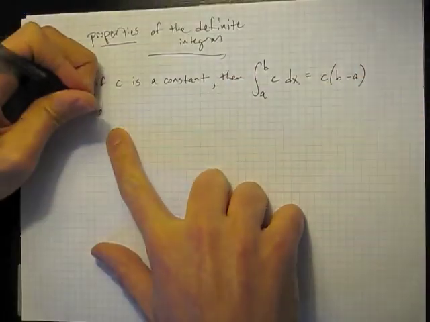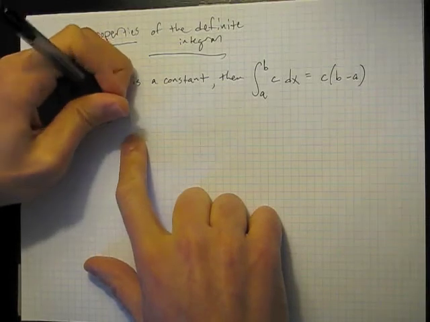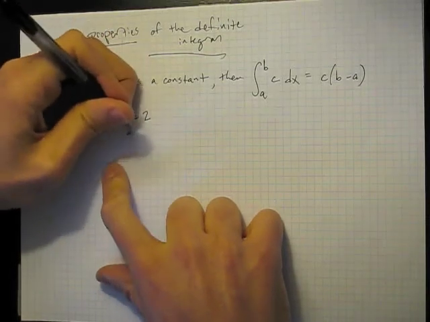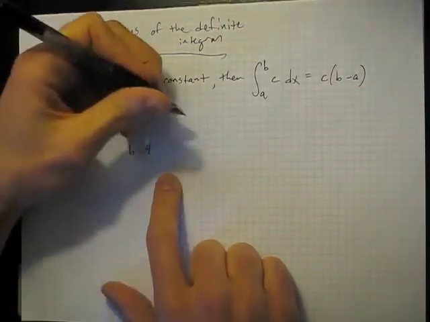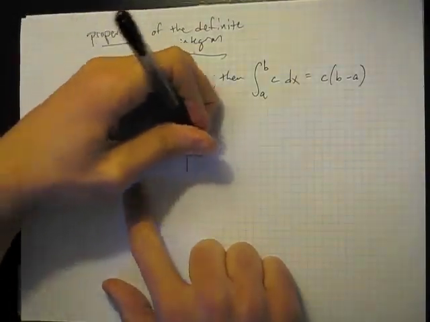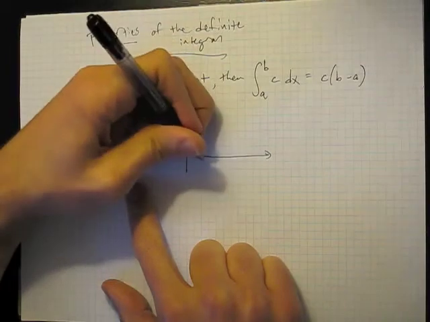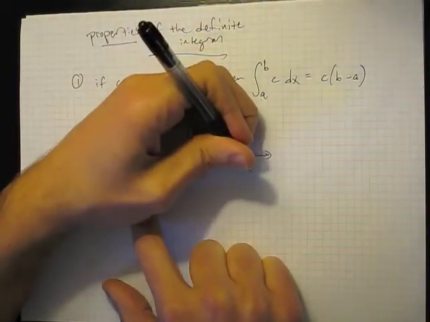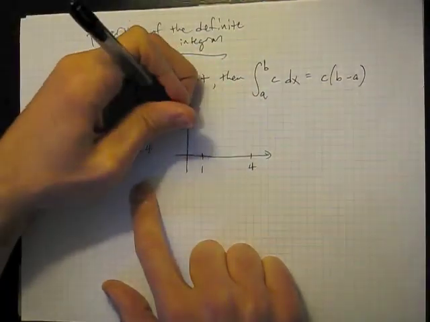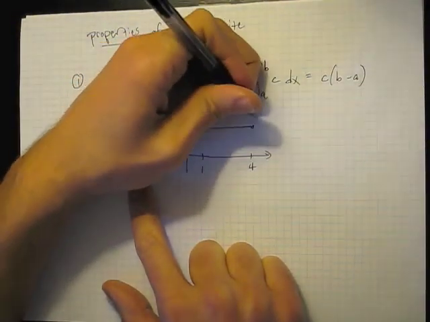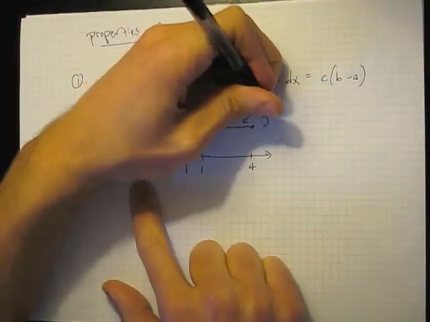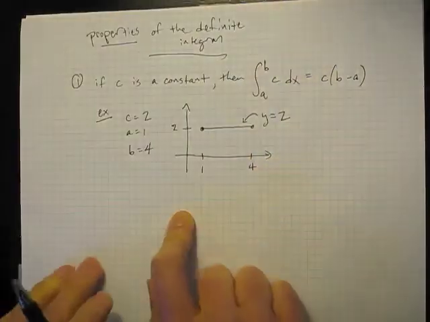Okay, let's see this with an example. So suppose that c is equal to 2, a is equal to 1, and b is equal to 4. So what is this integral? Here's a is 1, b is 4, and the constant is 2. So this is what the graph of the function y equals 2 looks like. Okay.